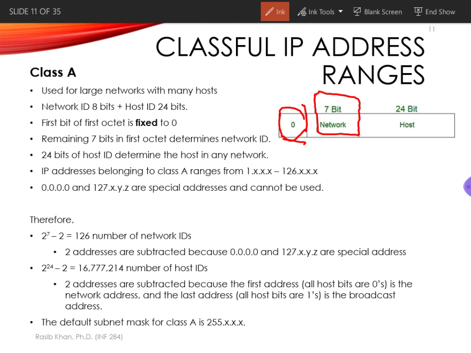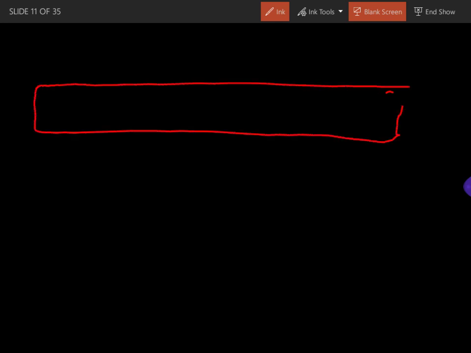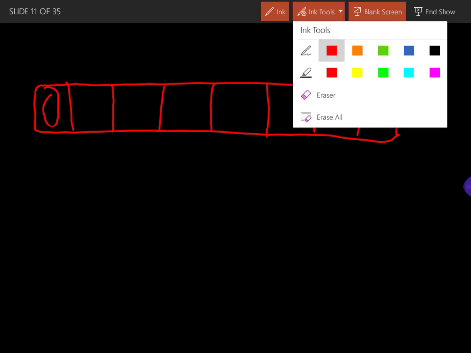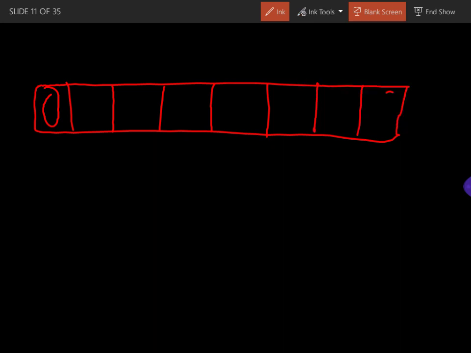So this means that if we look at the way the IP address would be converted into a binary representation, we know that the first bit is set to 0, so that is something that we cannot change, and the remaining bits could be 0 or 1.